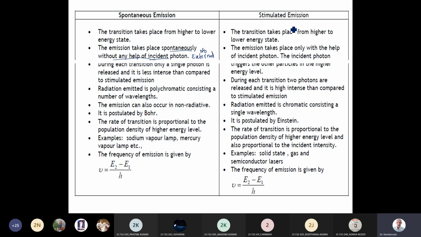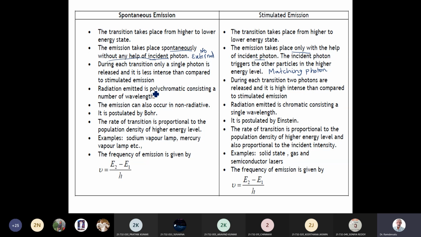But for stimulated emission, we have to give an incident photon, and that incident photon will have energy equal to E2 minus E1. Therefore, the incident photon triggers other atoms in the higher energy level to come down, and this external photon, which we are sending, is called a matching photon. This is important.